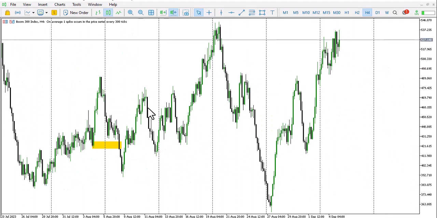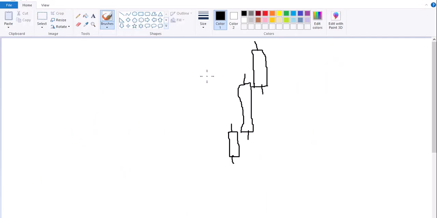Before we explain how you can trade them, let's briefly explain what a fair value gap is using the whiteboard. A fair value gap is a formation of candlesticks that look like this. We have to assume that these candlesticks are all of the same color, meaning they are all bullish or all bearish.